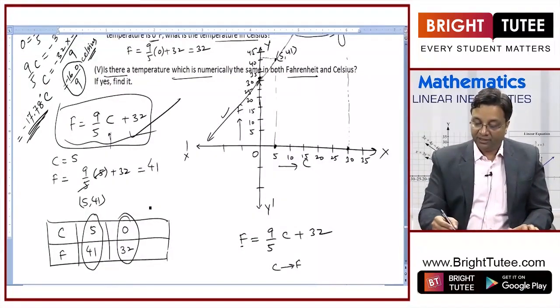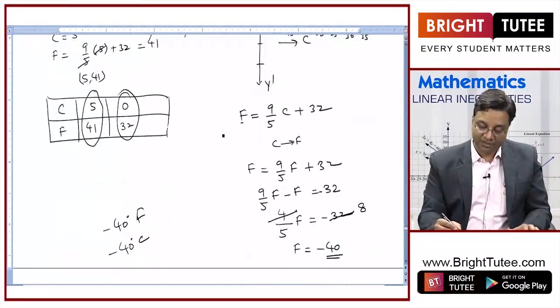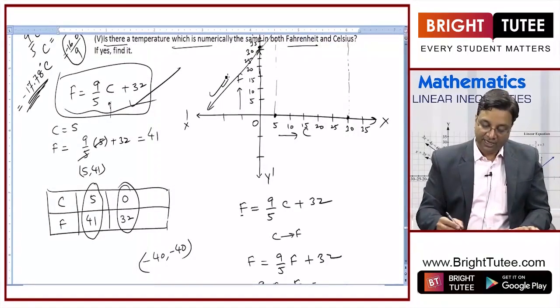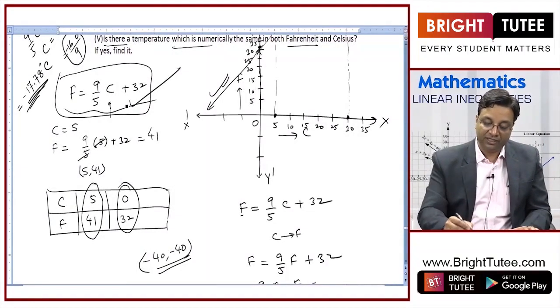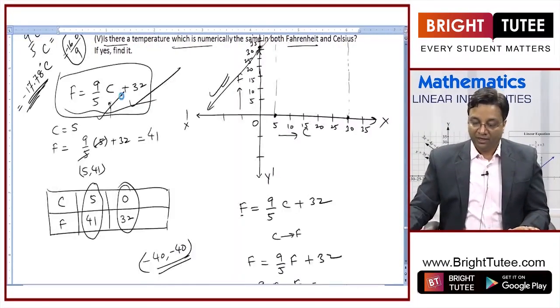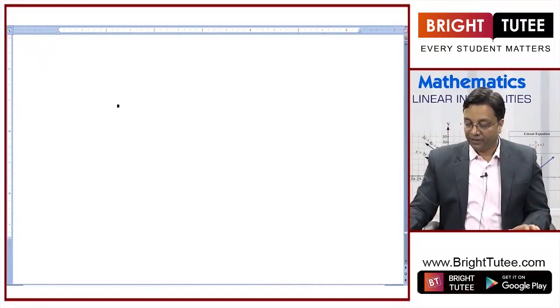What do I mean by that? That minus 40 will be a point on this graph, and minus 40 will satisfy this equation. You can verify it yourself. Okay, so this is how you will think about this question here.